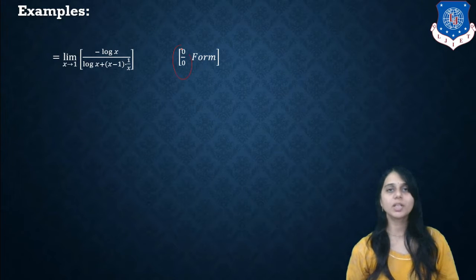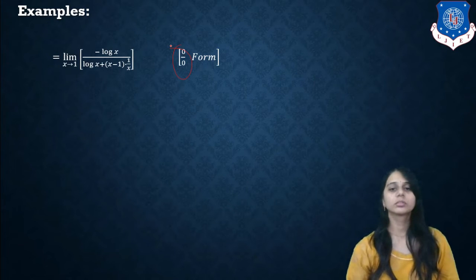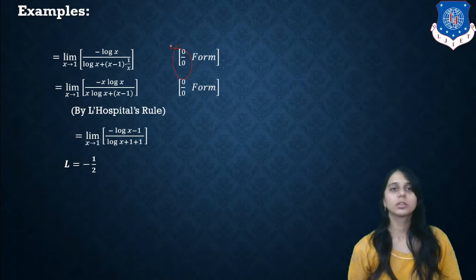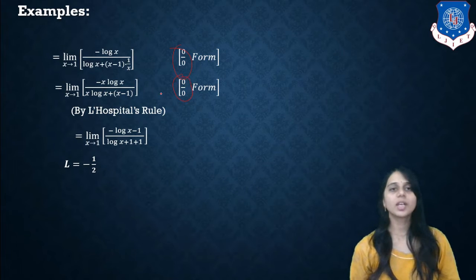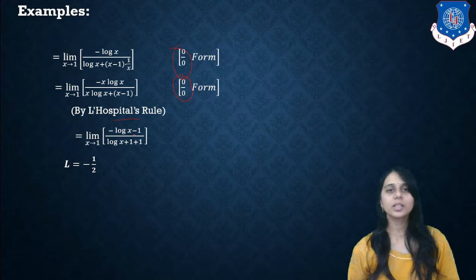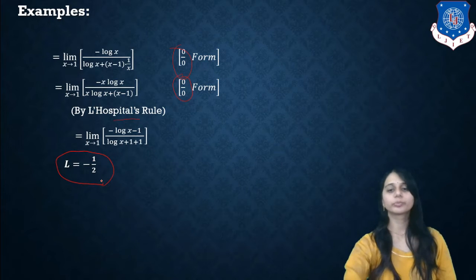It is 0 by 0 form. Minus x log x upon x log x plus x minus 1, it is again 0 by 0 form. So we apply L'Hopital's rule again. We get minus (log x plus 1) upon log x plus 1 plus 1. Applying x tends to 1, we get the limit as minus 1 by 2.